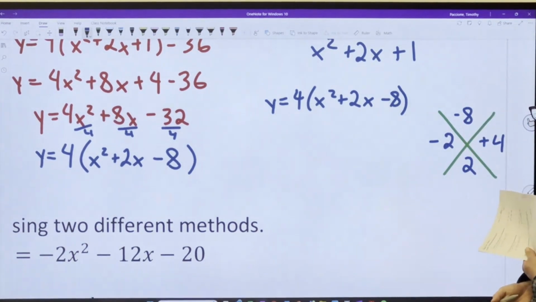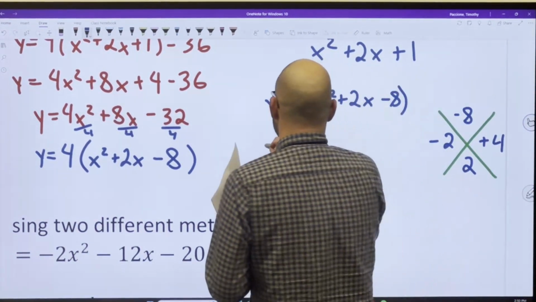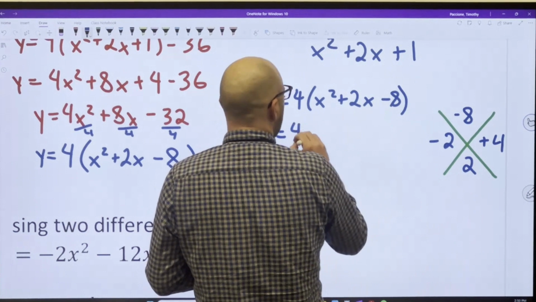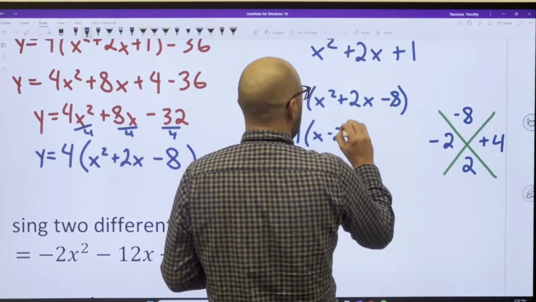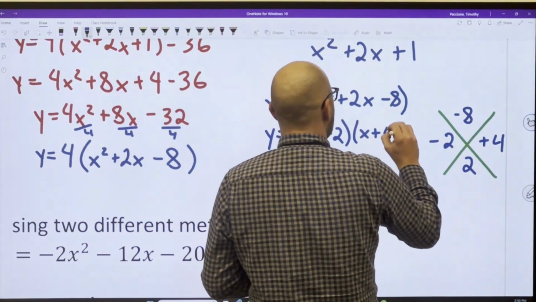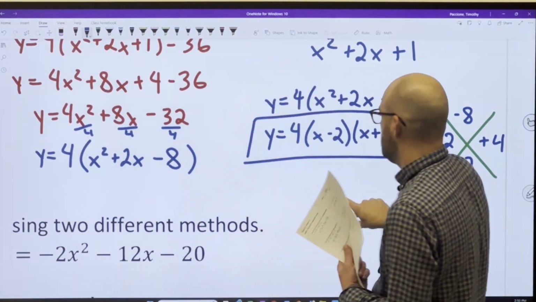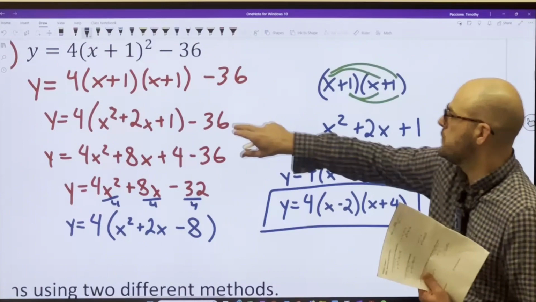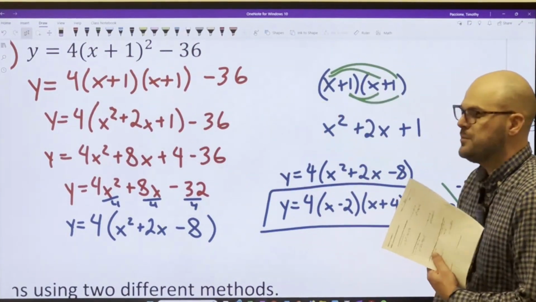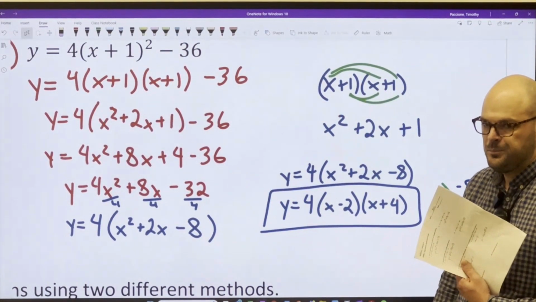Right, so negative 2 and 4. So I just plug those in as they are. y equals 4 times x minus 2 times x plus 4. And I am now in intercept form. So I completed the journey of a vertex all the way to intercept. Okay?